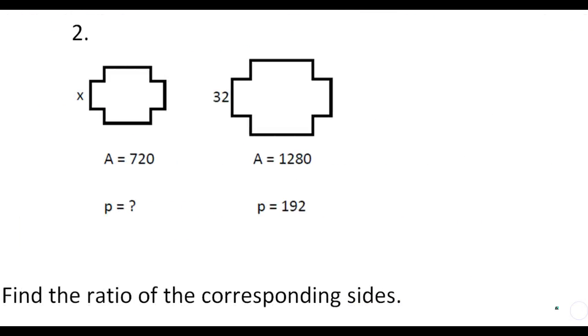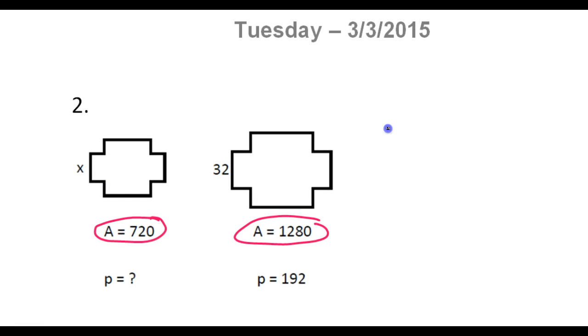Now looking at number 2. This time is a little bit different. The two numbers they gave me are areas. Very interesting. So let's use that to find the area scale factor. So we're doing area. I've got 720 over 1,280.